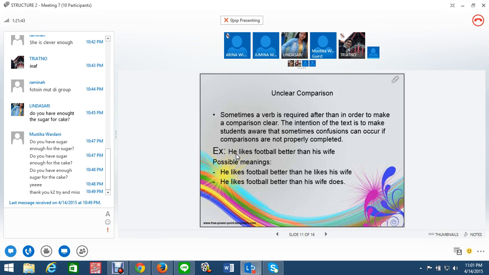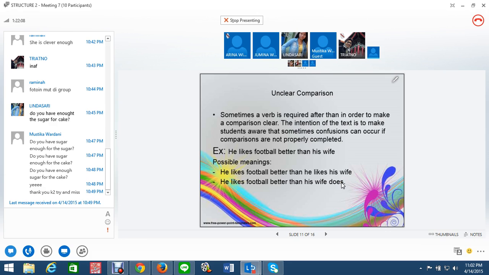Because the comparison is he likes football better than his wife. He compares football to his wife, right? The first is he likes football better than he likes his wife, and the second, he likes football better than his wife does. So this is about unclear comparison.